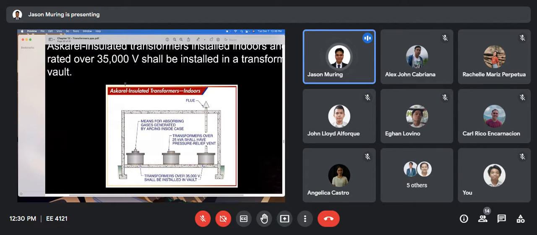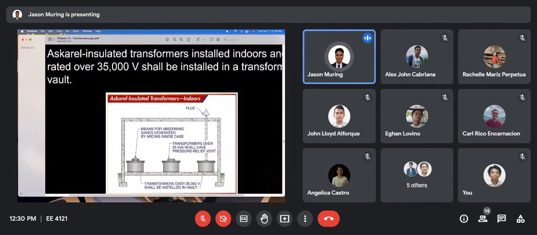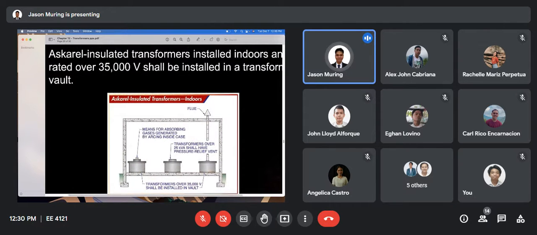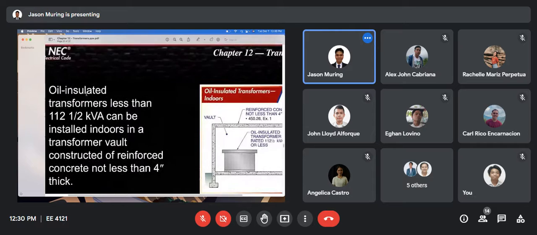So therefore, with regards to health issues, ilan na siyang gi-avoid. But there are still some very special applications that still use Askarel because it has a very good volume resistance. So gamay lang kayo nga Askarel, so taas na kayo siya og insulation level, which is good for transformer operations.